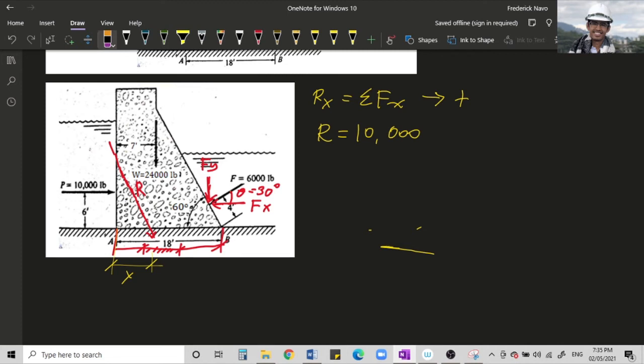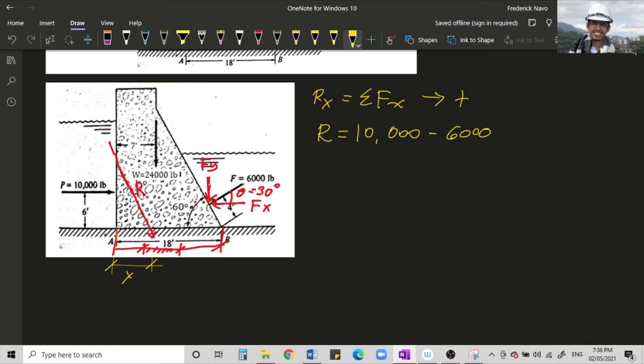So yung x component ng ating force F, so going to the left, so minus yung F of x, that is 6,000 pounds by 30 degrees. So cosine yung gagamitin natin kasi adjacent over hypotenuse. So yung adjacent ng angle, yung side na adjacent dun sa angle is yung F of x natin.